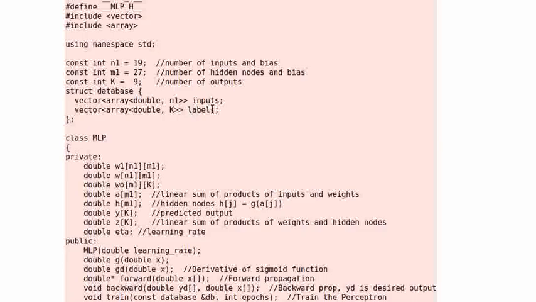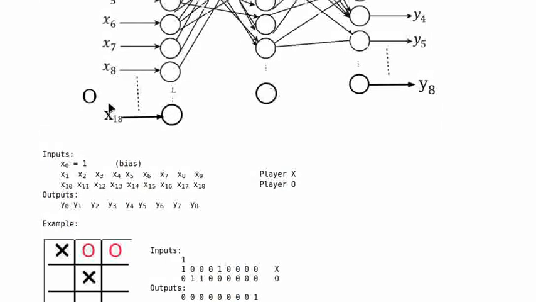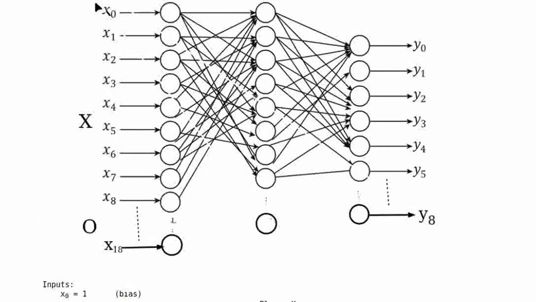The vector of arrays of double N1 means we have a vector of arrays, and each array has N1 values. So this vector holds a set of X arrays.